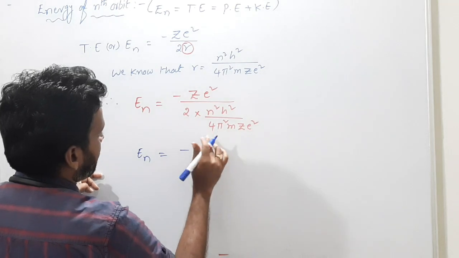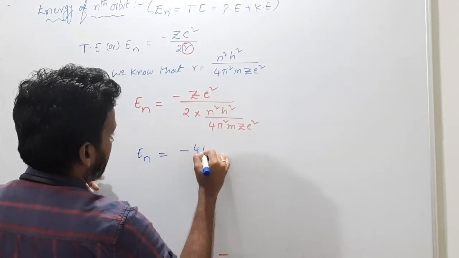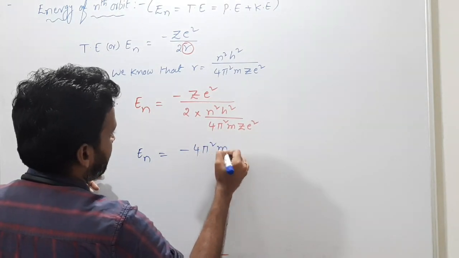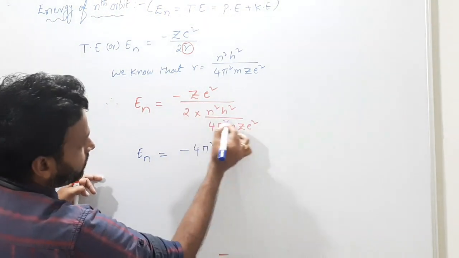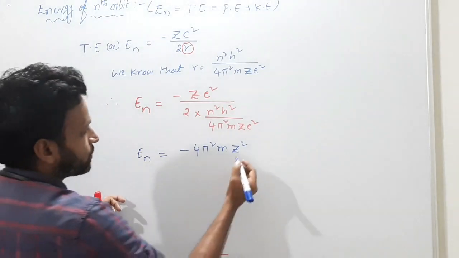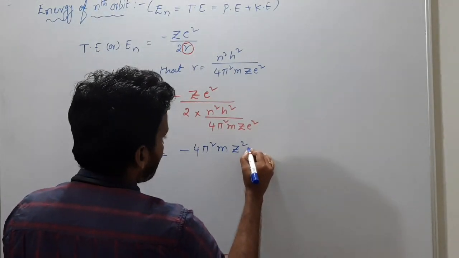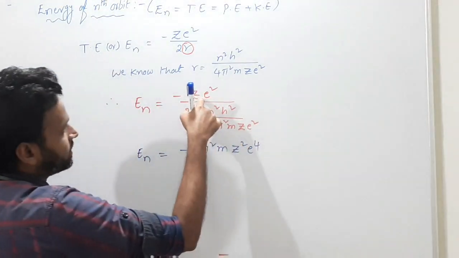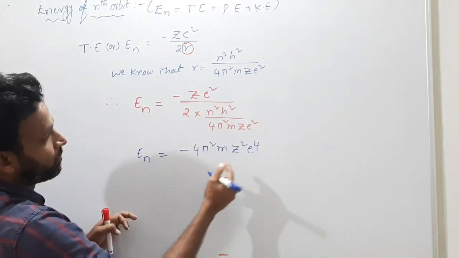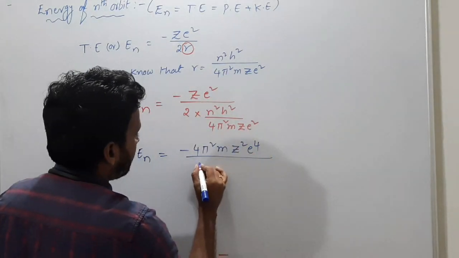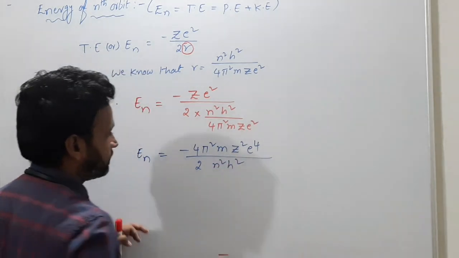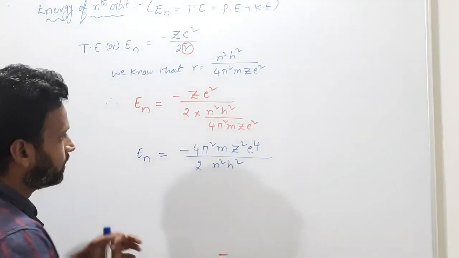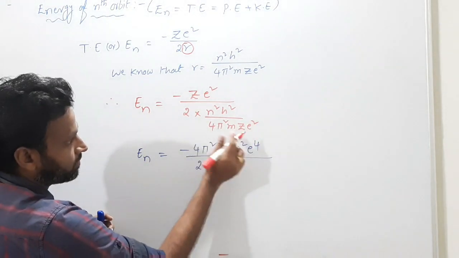It is minus 4 pi square m, Z into Z, this entire term goes to the numerator. So minus 4 pi square m Z square e power 4, because e square is there, by 2 into n square h square. Correct, what I did? So this entire term I brought here.